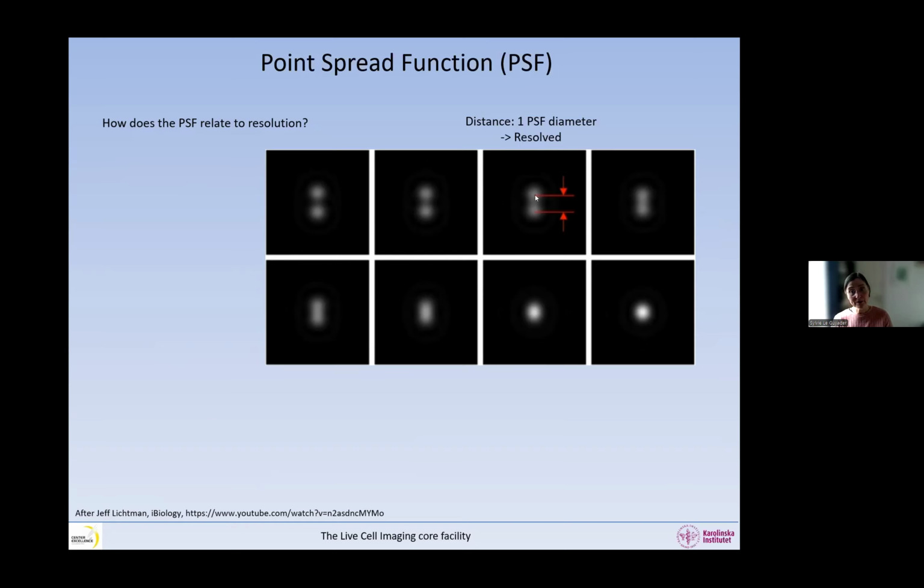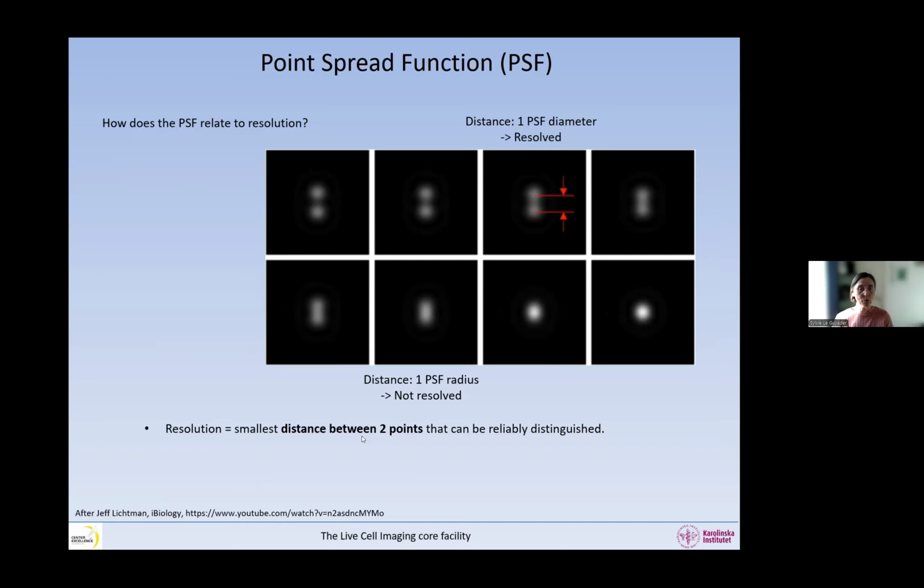But as we get closer and closer, if we go to one radius, so if the distance between the two point spread function main lobes is one radius of the point spread function, then we cannot distinguish anymore, and we end up having just one blob. Basically, we cannot tell if it's one or two.